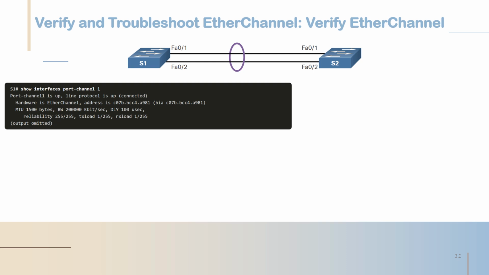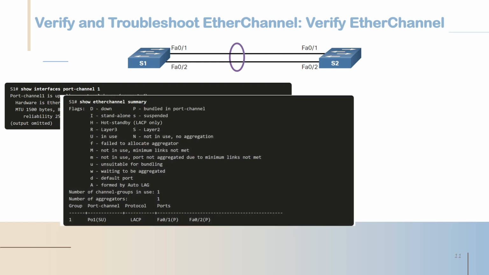Then we have the show etherchannel summary command. When several port channel interfaces are configured on the same device, we use show etherchannel summary to display one line of information per port channel. In this output, the switch has one EtherChannel configured as group 1, and it uses the LACP protocol auto configuration.